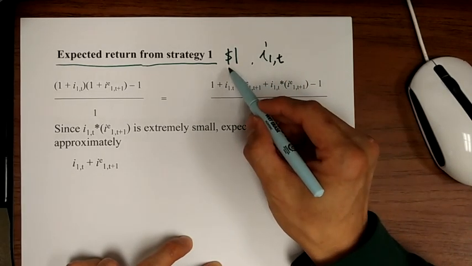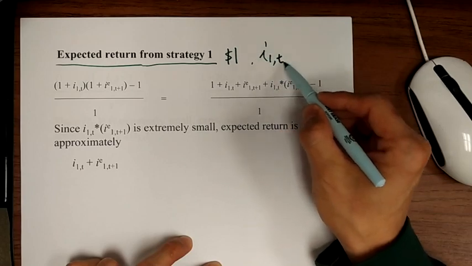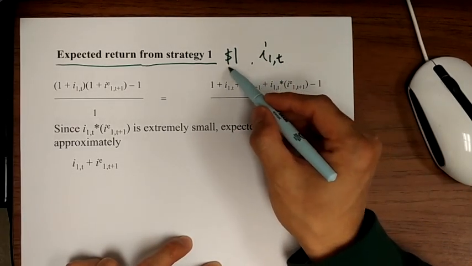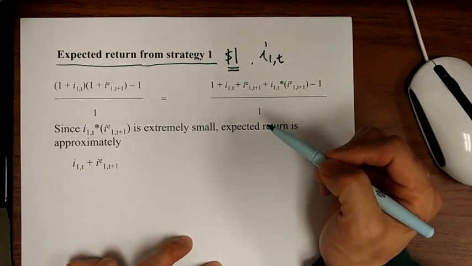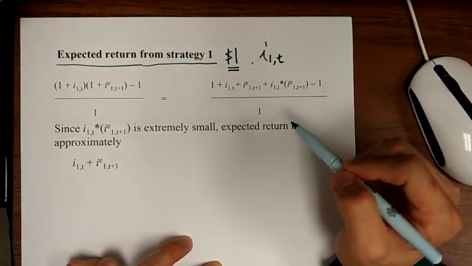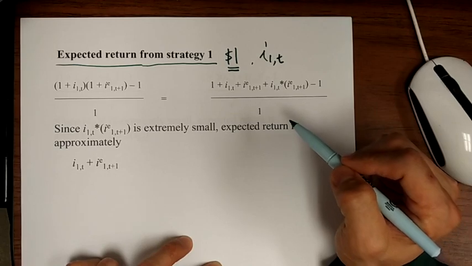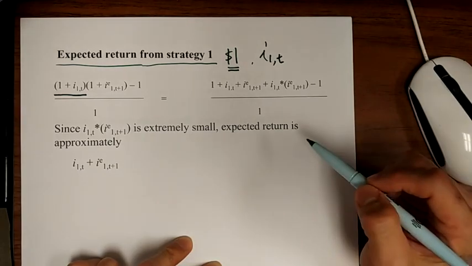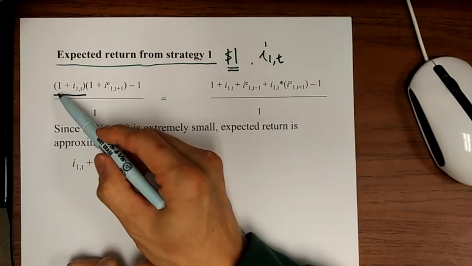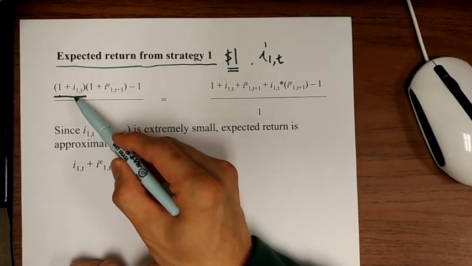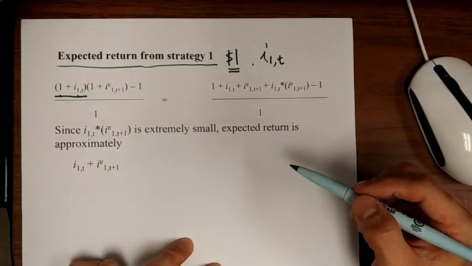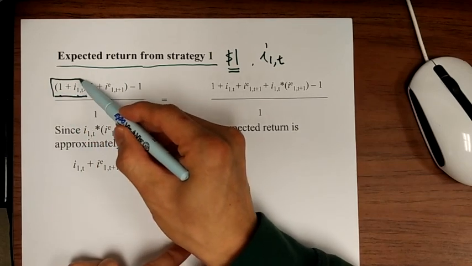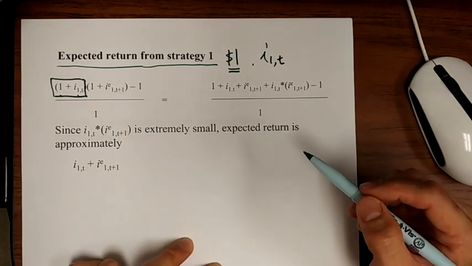So the interest rate of the bond that you buy today is i1t. Therefore, if you invest $1 today, next year, how much money are you going to have? The answer is 1 times (1 plus i1t). This is your principal, and this is the interest that you earn. Then at the end of the first year, this is the money that you have.